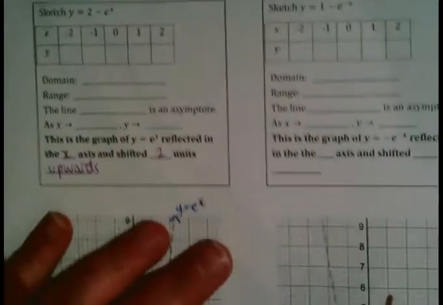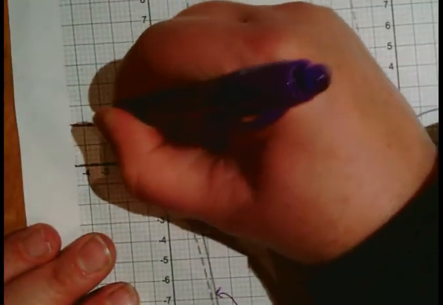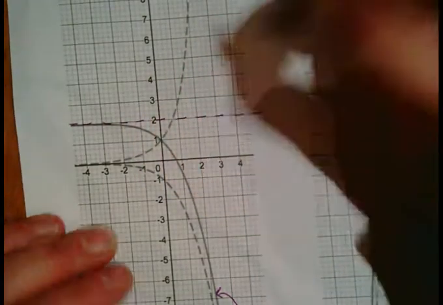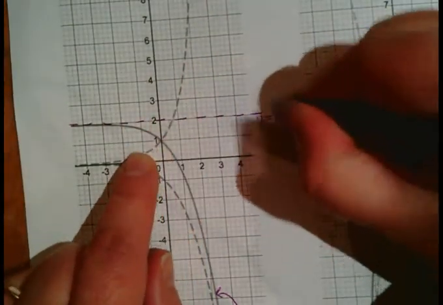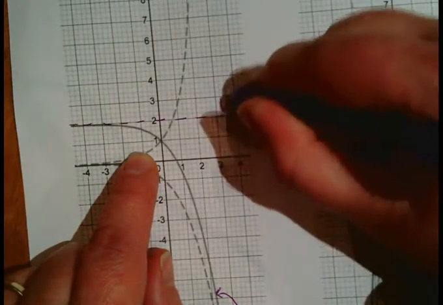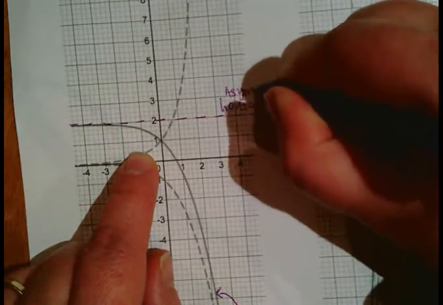If you want, you can do your table of values, but you can see, because we have that shift 2 units upwards, that we have here, and I've just dotted it, this is y equals 2. It is the horizontal asymptote. So your horizontal asymptote is y equals 2.